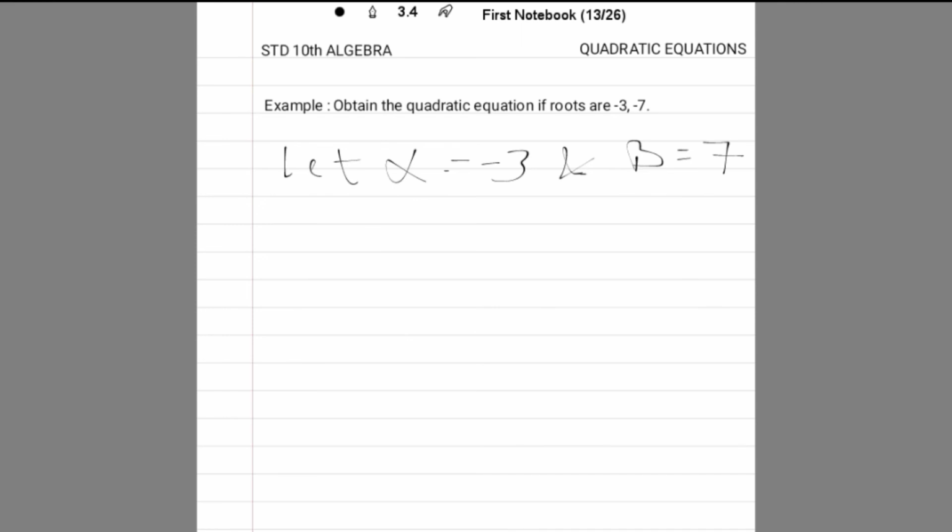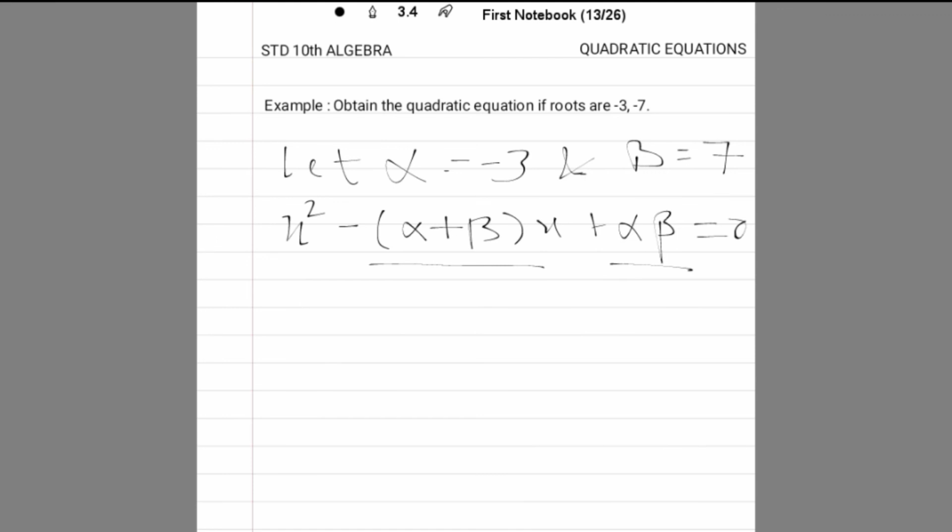Then we know this expression, that is x square minus alpha plus beta into x plus alpha into beta is equal to 0, will give us the required quadratic equation from these roots. So what we can do is find the value of alpha plus beta and alpha into beta and just substitute those values here.